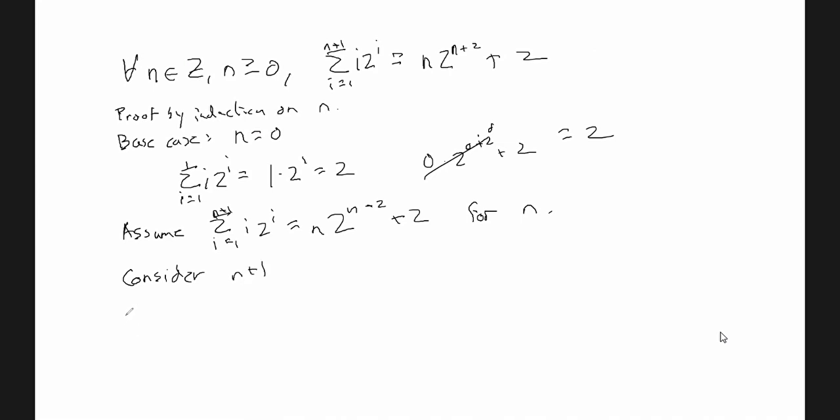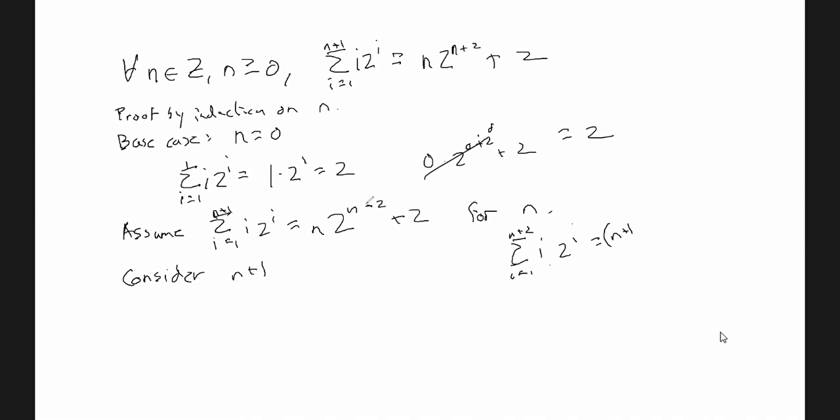Okay, so let's see, what is it that we want to see? If I put n plus 1 in here, I get n plus 2. So if I put n plus 1 in here, I should get n plus 1 plus 2.